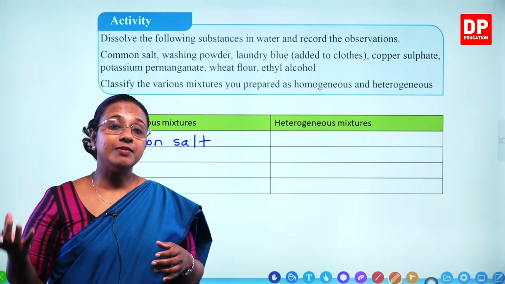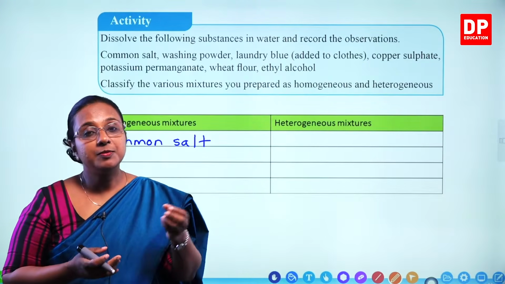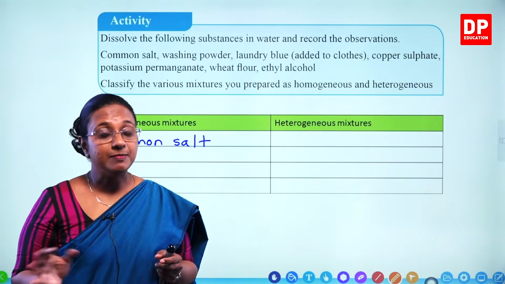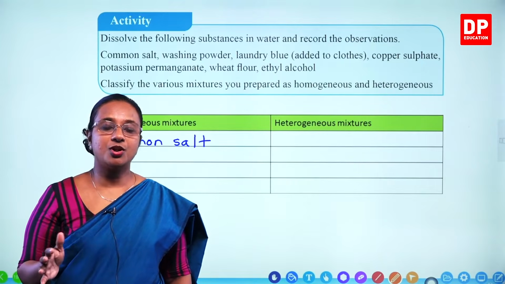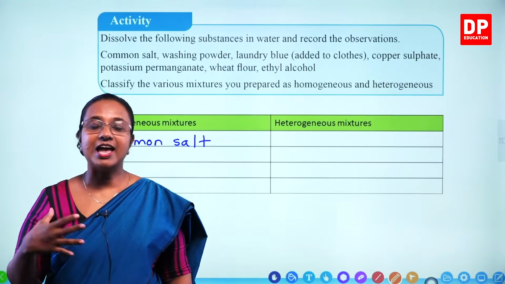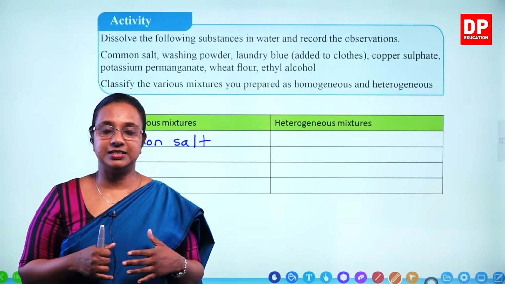You know that when we put a teaspoon or tablespoon, depending on the requirement, of washing powder into water, we mix it well with the hand and dissolve it. Normally for washing purposes, we either dissolve it with our hand or, if it's in the washing machine, it gets mixed automatically.